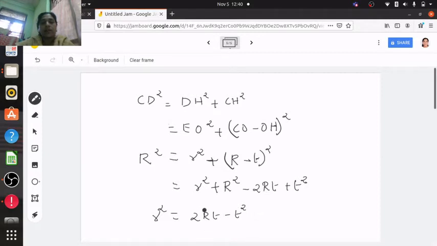Compared to the radius of curvature, the thickness of the air column is very small. So this equation we can simply write as r square is equal to 2RT, because a small quantity squared has nothing to do with the large quantity 2RT. So T square can be neglected, and we write r square as 2RT.